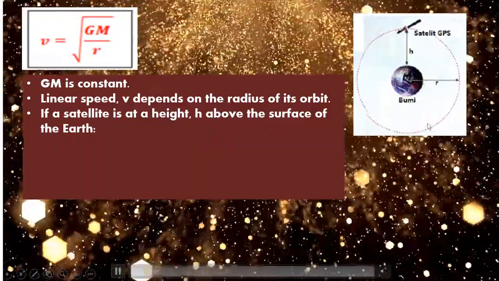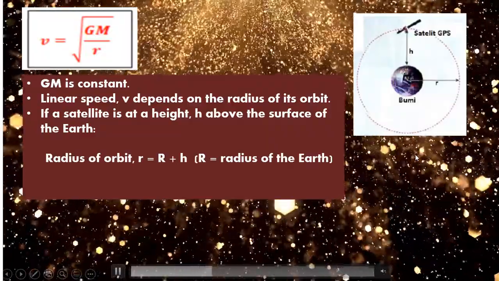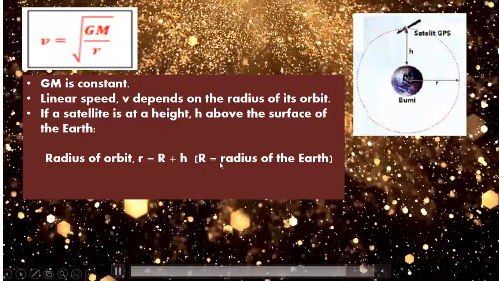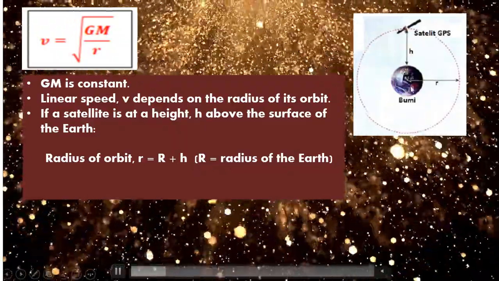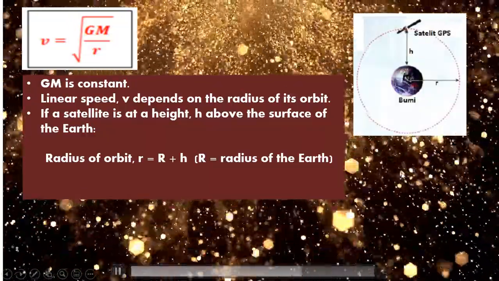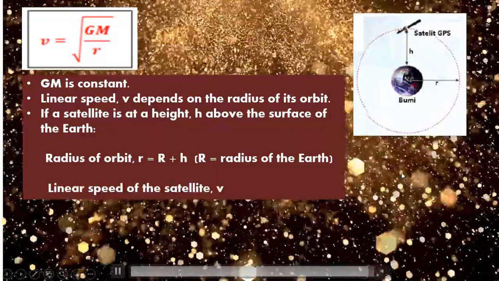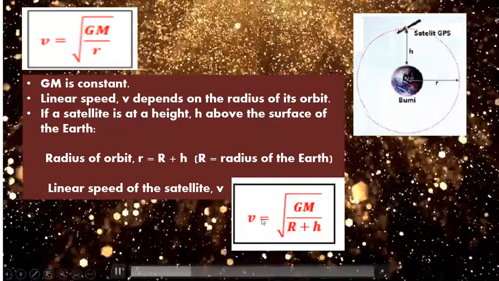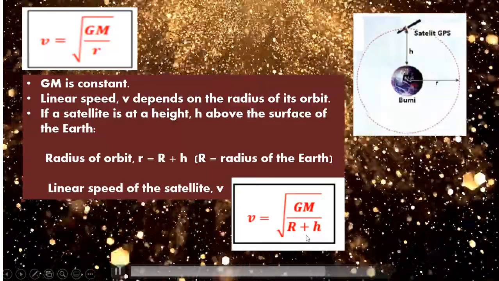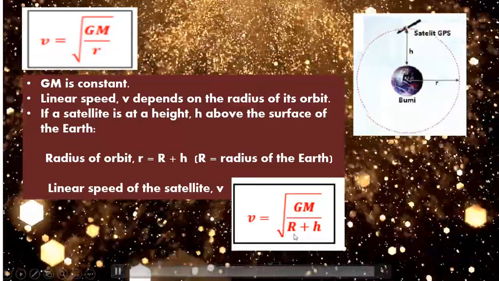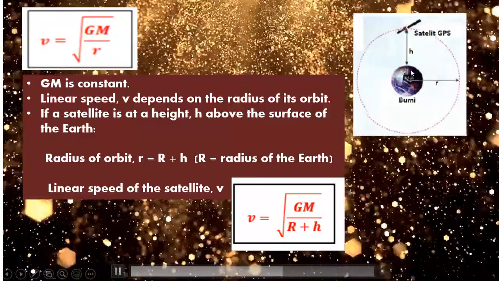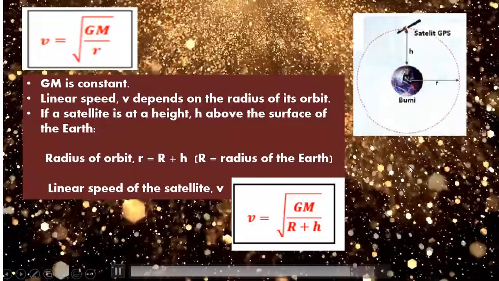Therefore, r, the radius of orbit, equals capital R plus h, where R is the radius of the Earth. From here to here is the radius of the Earth plus h. So the linear speed of the satellite becomes v equals square root of GM over R plus h. Remember, R is the radius of the Earth and h is the distance from the location of the satellite to the surface of the Earth.